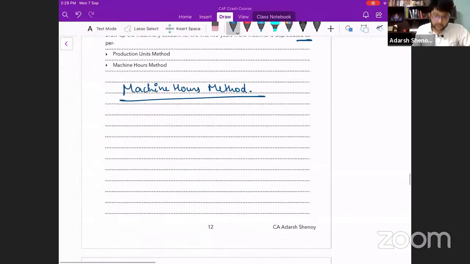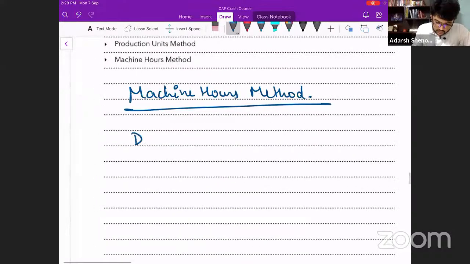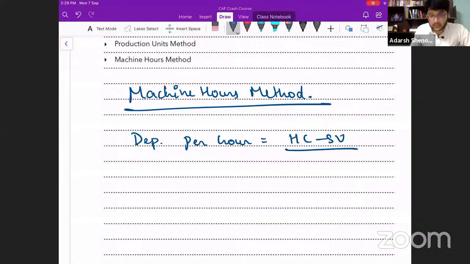How to calculate depreciation per hour? Historical cost minus scrap value divided by estimated total production hours.